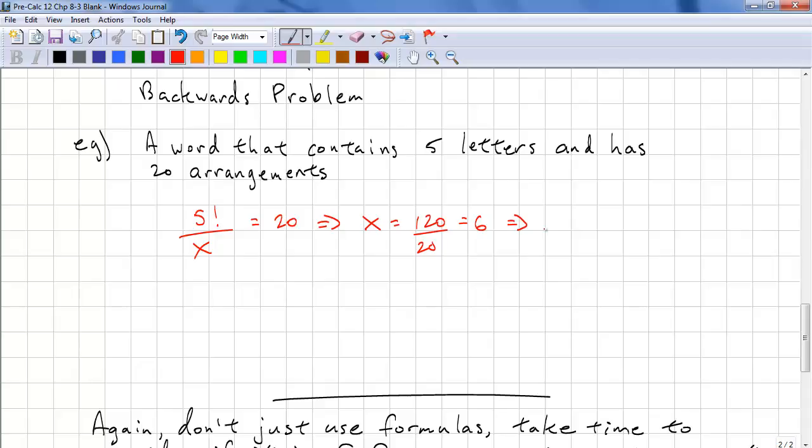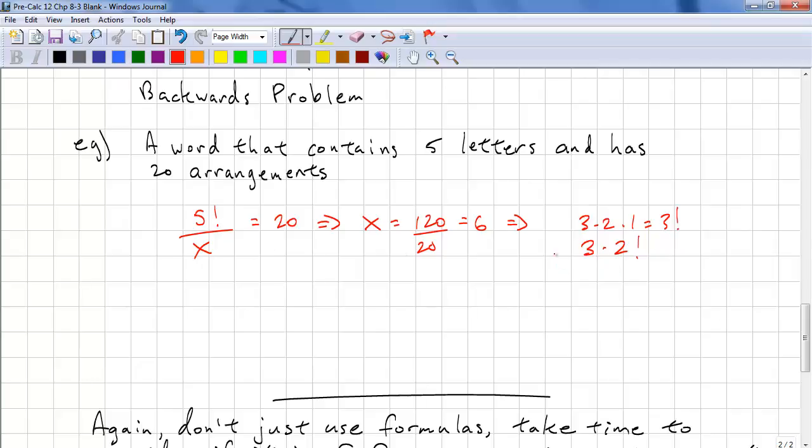Now, how can we get 6? 6 is 3 times 2 times 1, so that's 3 factorial. There is no other way to factorize this into factorials. We can't do 3 times 2 factorial because whatever we put in the denominator has to be a factorial.